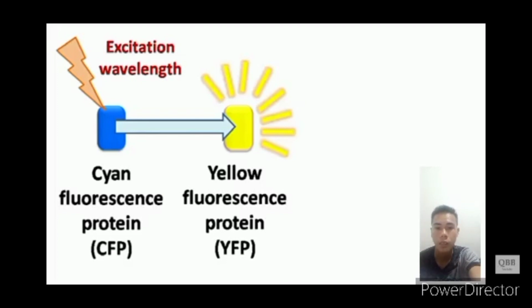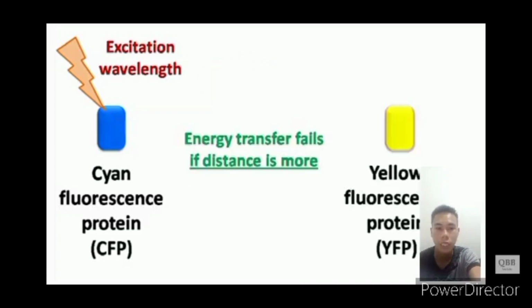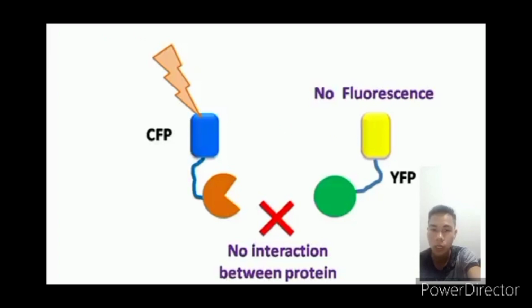After that, the energy transfer will occur since they are close to each other, at a distance of 6 to 10 nanometers. But if the distance between protein A and protein B is more than 10 nanometers, there will be no interaction between those two proteins, and the resonance energy transfer will no longer occur.